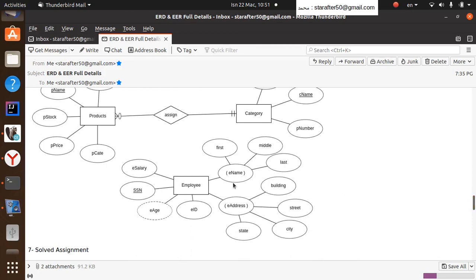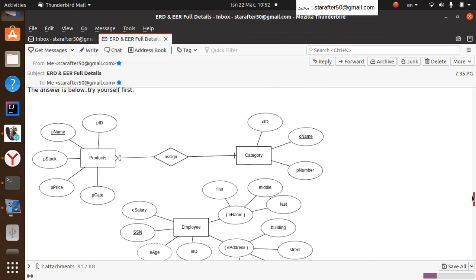When he said a name, this attribute can be considered a composite attribute. We can make from it first name, middle name, last name. Same with the address, it could also be considered a composite attribute. The age, we consider it as a derived.